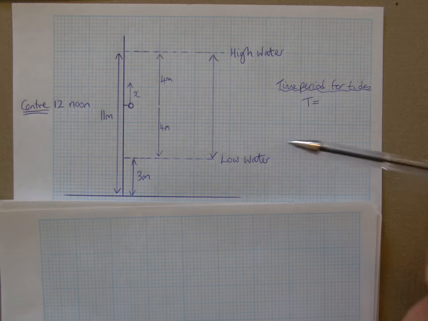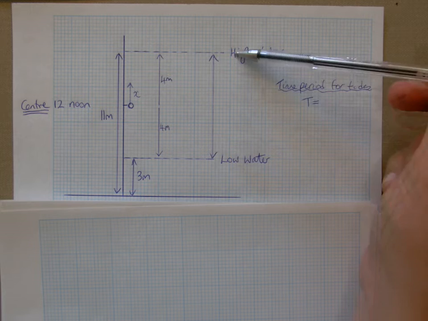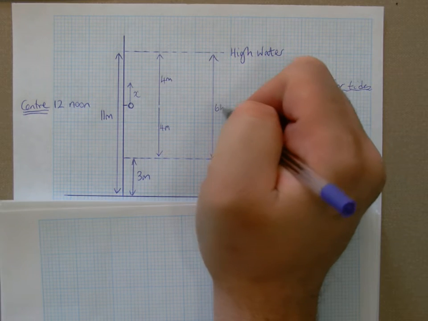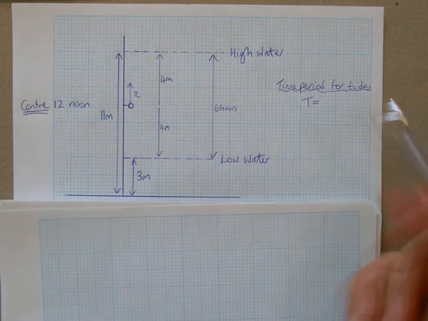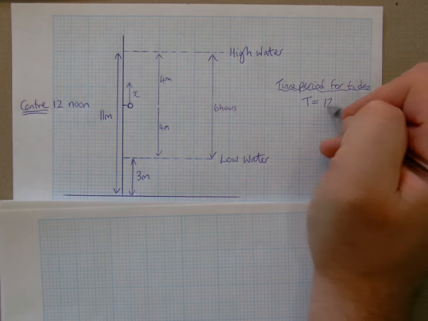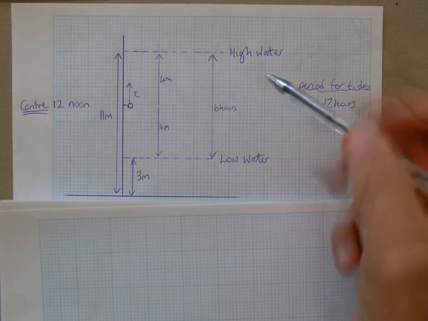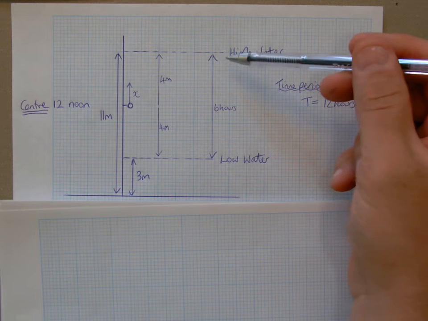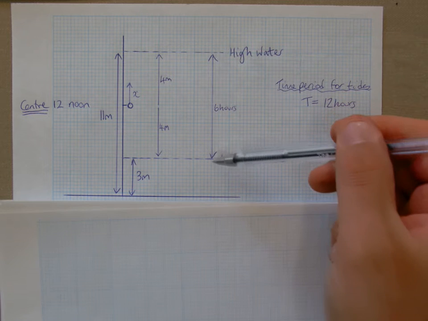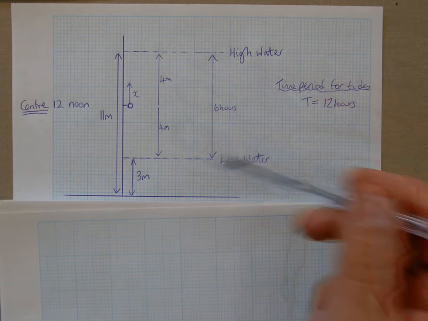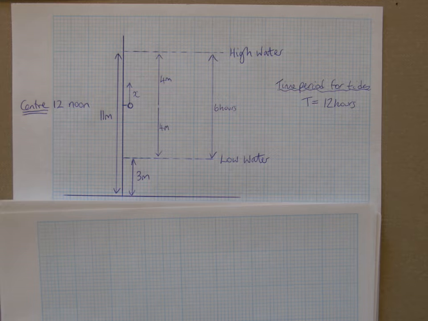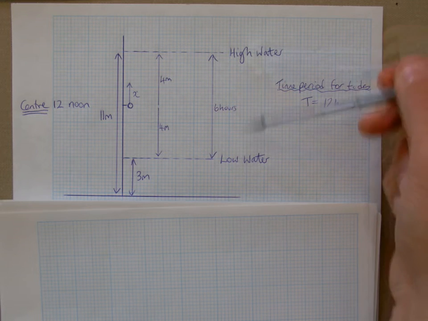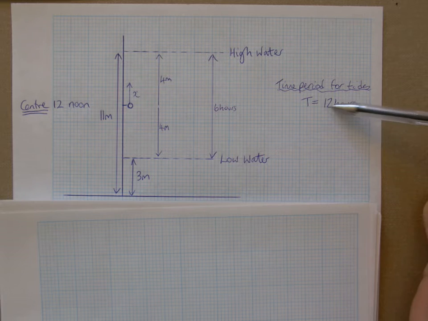For it to get from low water to high water takes 6 hours, so the time period is going to be 12 hours. So 6 hours to get from low to high, and another 6 hours to get from high to low. That cycle gets repeated twice in a day, but the period going from low to high and high to low is 12 hours in total.